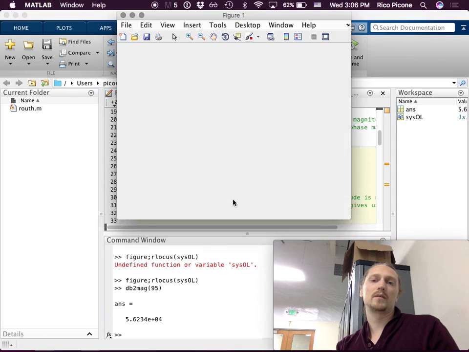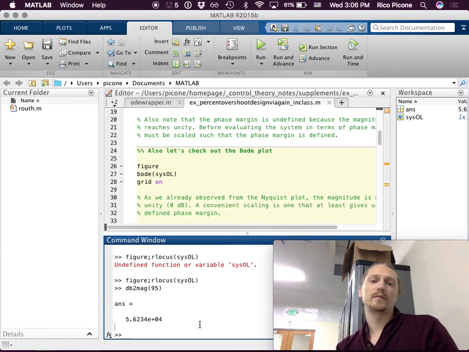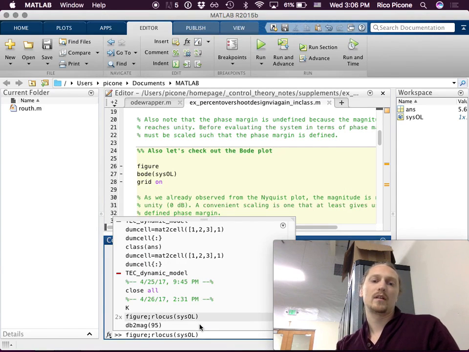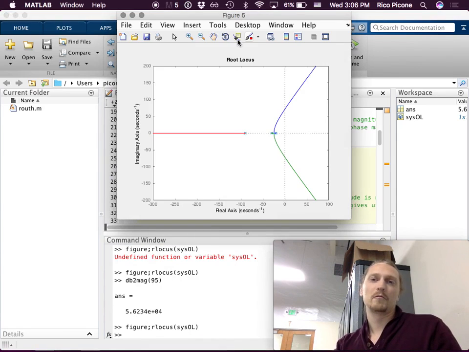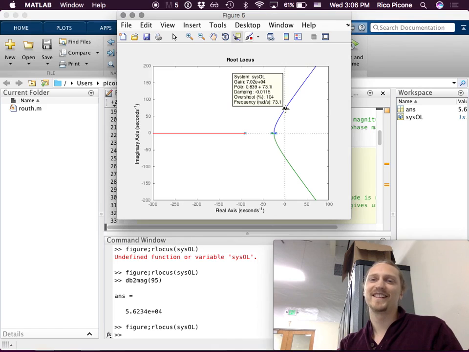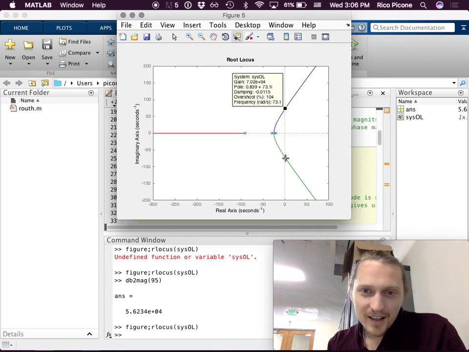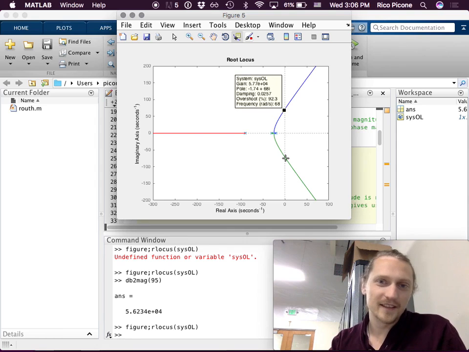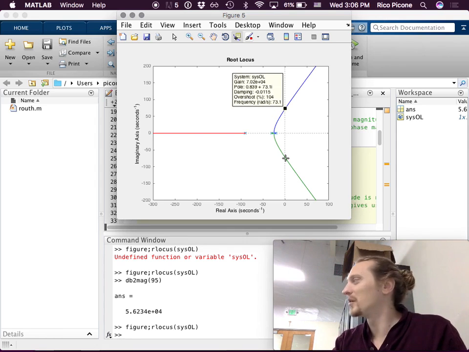And if we come back, did I close the root locus plot? I think I did. What do you guys think this is going to look like? 56,000? 70,000. That's 56,000. So, yeah, we need a little bit better resolution.